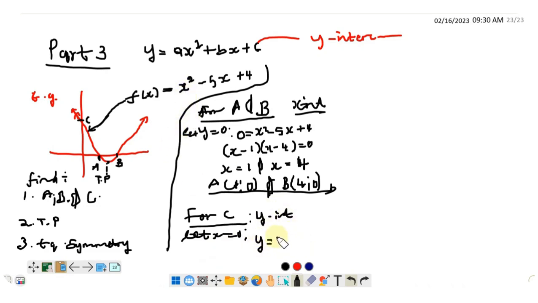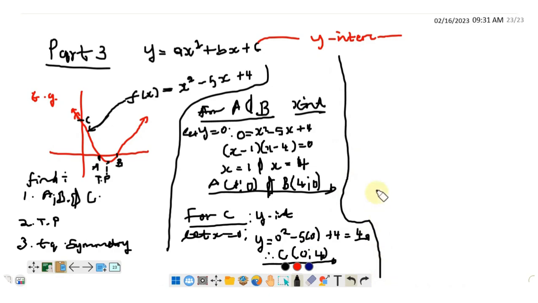So it's going to be 0 squared minus 5 times 0 plus 4, so this is 0, this is 0, so we get 4. The y-intercept is 4. Therefore, the coordinate of C is (0, 4). There we go. So we have A, B, and C, right? So we're going to proceed to the next question.